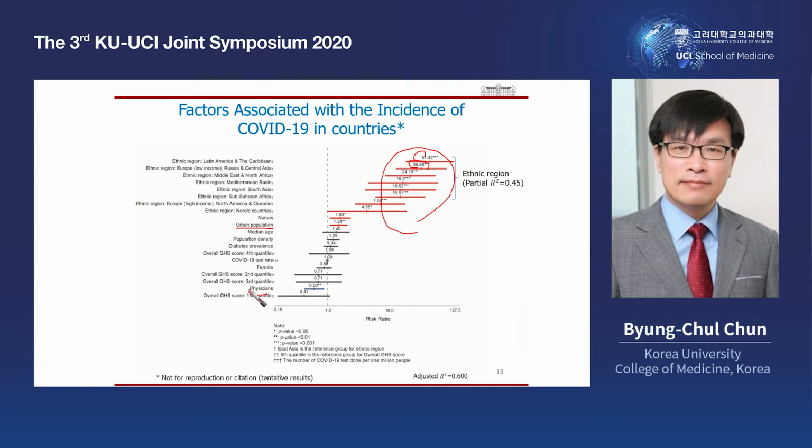And very interestingly, the number of physicians per 1,000 population is a protective factor. It is significant. And this model explains about 60% of the variation of the incidence, and the ethnic region alone explains about 45% of the variation.